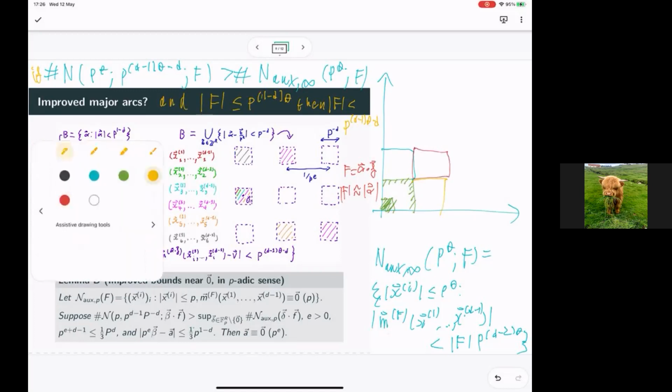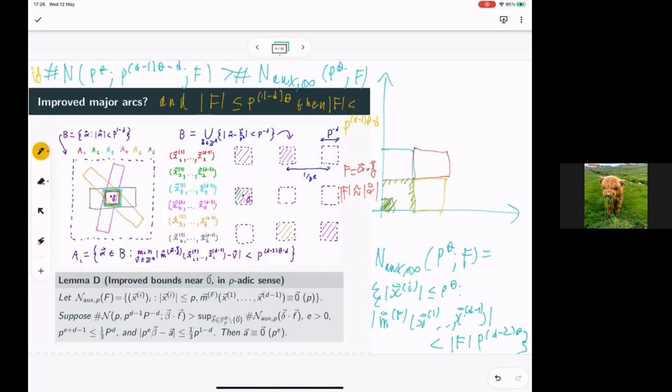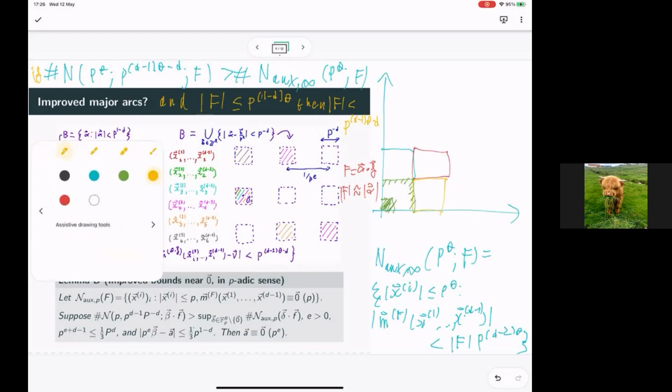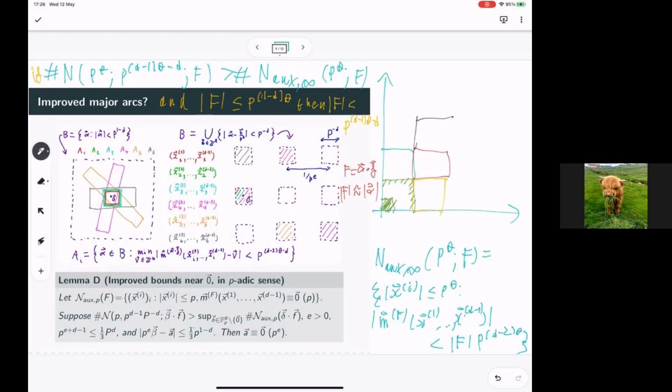One covers the unit hypercube by translates of this neighborhood of the origin, which in this case means just small boxes.